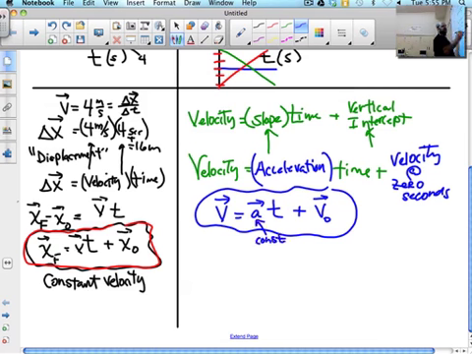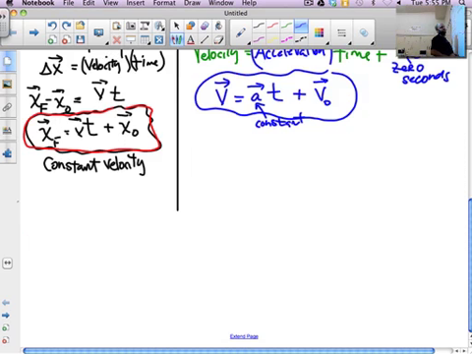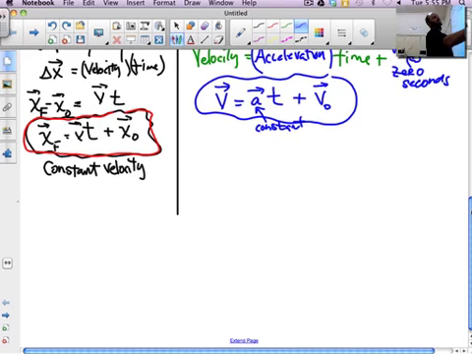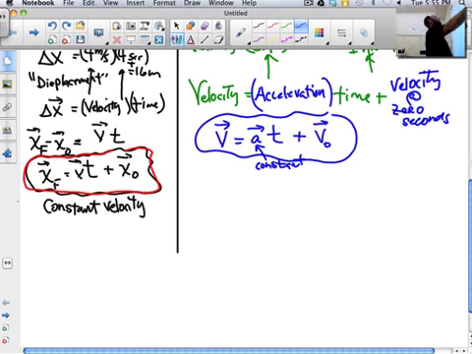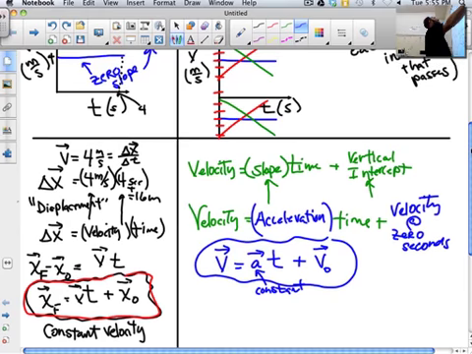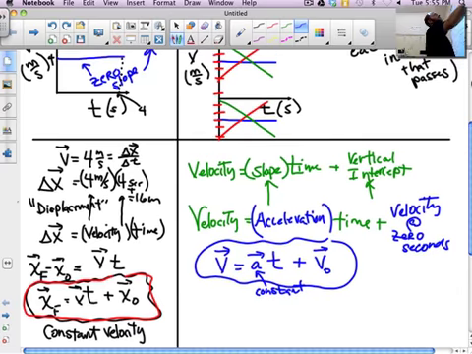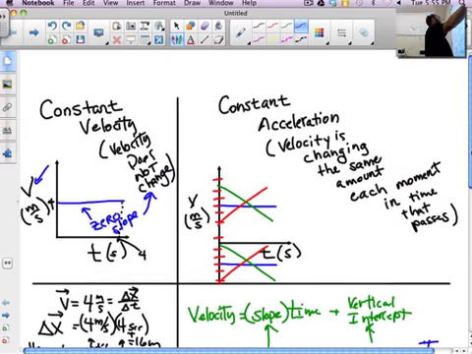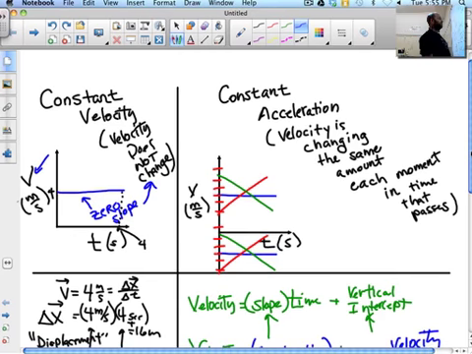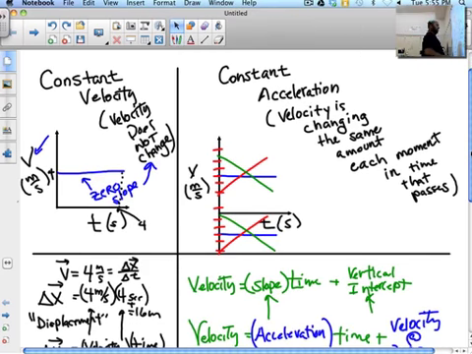In other words, the acceleration is constant. Now that's one of our equations that we use for constant acceleration. There is another that's highly useful. Along with these graphs, we can also draw an acceleration time graph.